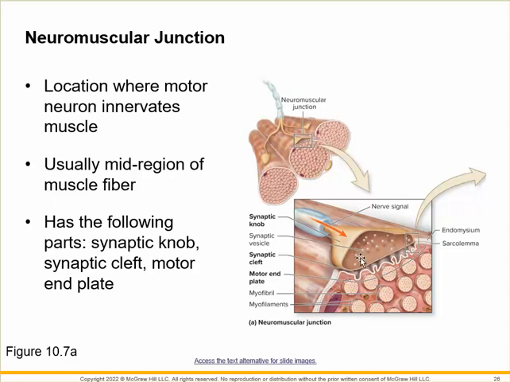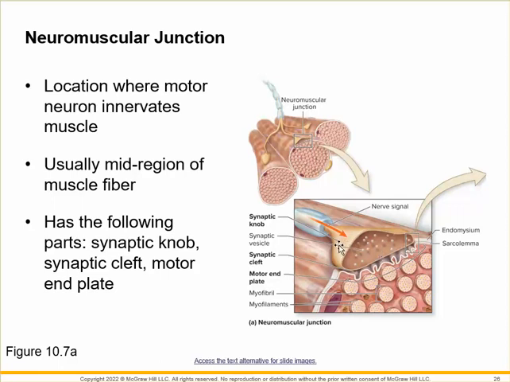Within the synaptic knob are found a whole bunch of vesicles, little bubbles, as it were, filled with a neurotransmitter. In this case, the neurotransmitter is called acetylcholine. All motor neurons make acetylcholine, and all synaptic knobs of those motor neurons contain vesicles of acetylcholine.